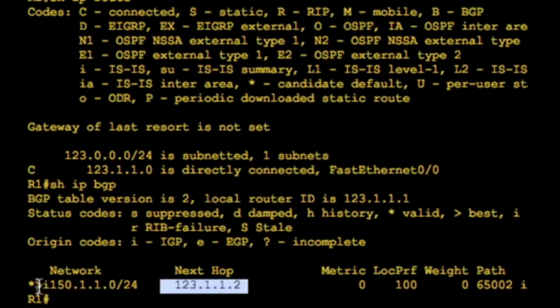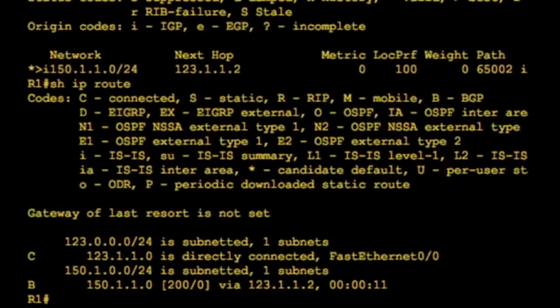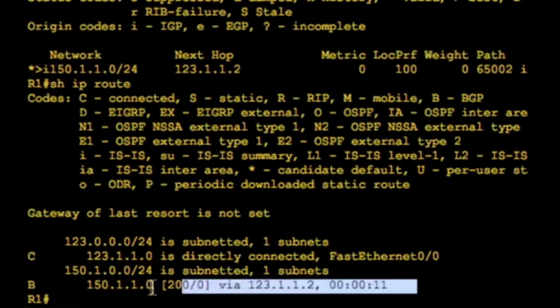So now, if you look, we have the greater than sign there, and that means I know how to get to that. So if we do a show IP route now, we should have the route installed in the routing table, which we do.